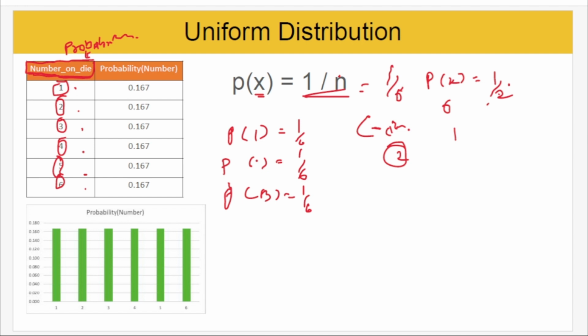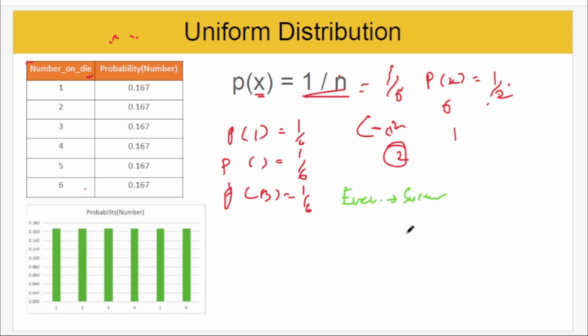This is my uniform distribution. But I can model this as a binomial distribution. How? I will say if I get an even number, it is my success.